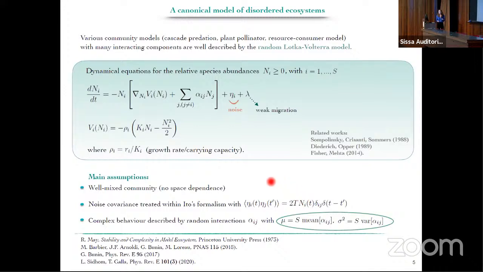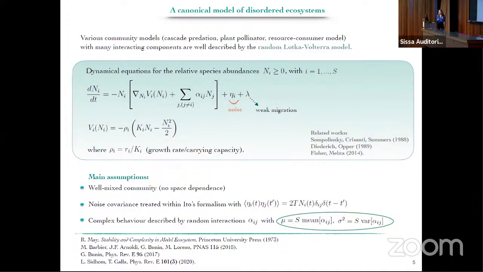For this reason, it is called a demographic noise, accounting for death, birth, and other unpredictable events. As a white noise, it is delta correlated in time and delta correlated in the species i and j. We also introduce this lambda, which is a weak migration parameter, to ensure that all species are present. At the first level of analysis, we assume that this lambda is species independent.